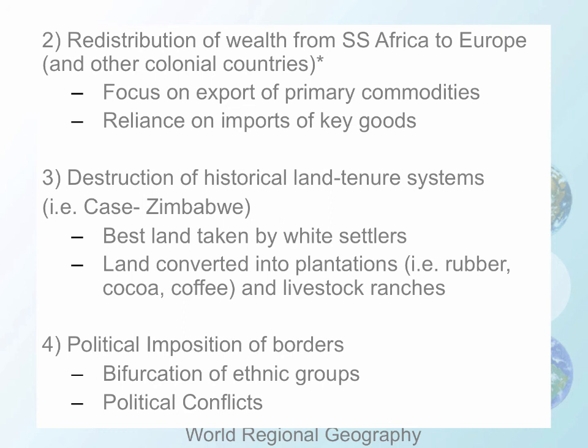Another, equally perverse part of this outcome was that those raw materials were manufactured in the colonizing country and resold as finished products to whoever still had any money left in the colonized countries. And this really shook up the traditional system of how land was controlled, and also, as I mentioned before, the borders.